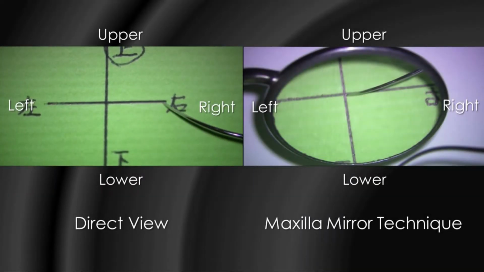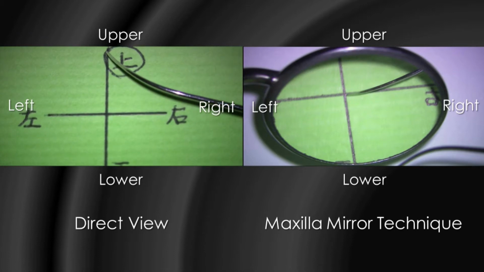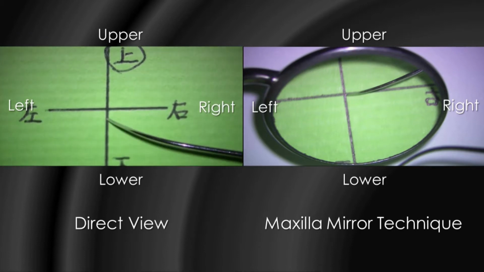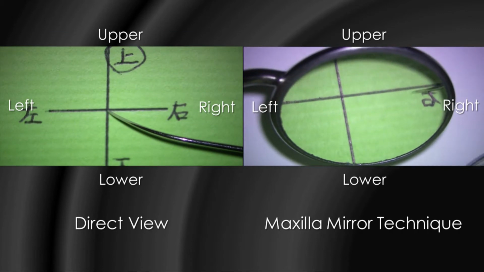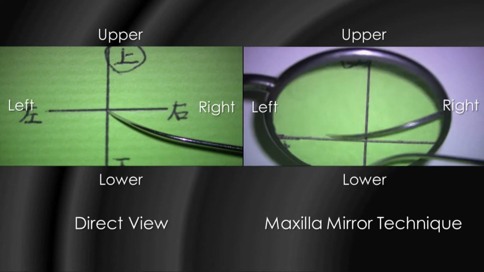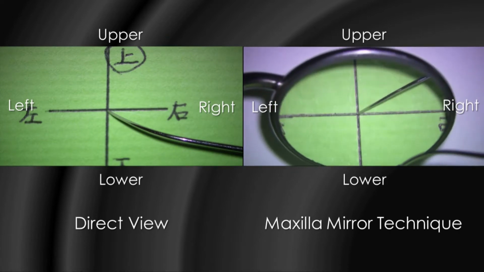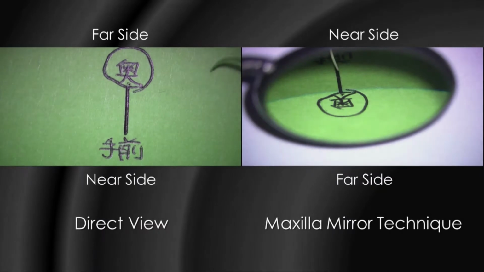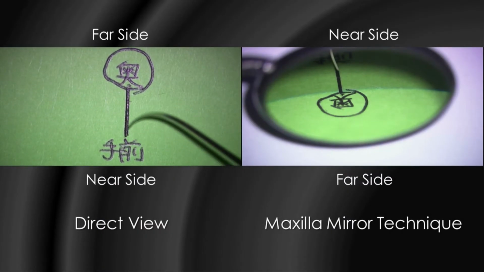Direct view: right side, left side, upper, lower. The maxillary mirror technique is the same: right, same side; left, same side; upper, same side; lower, same side. But the near side and far side are opposite. This is a direct view.